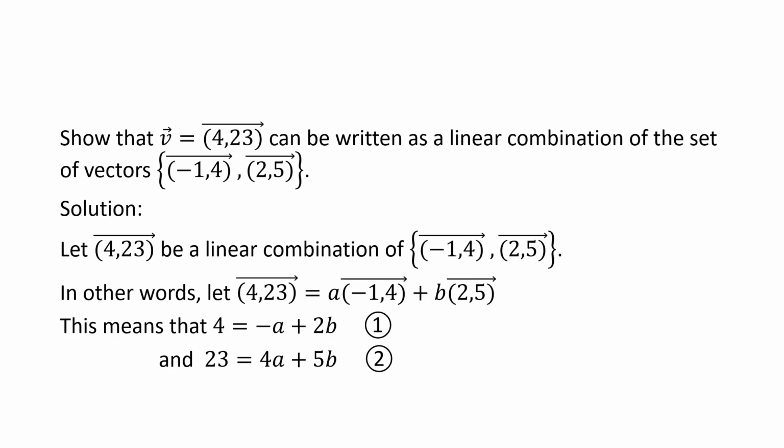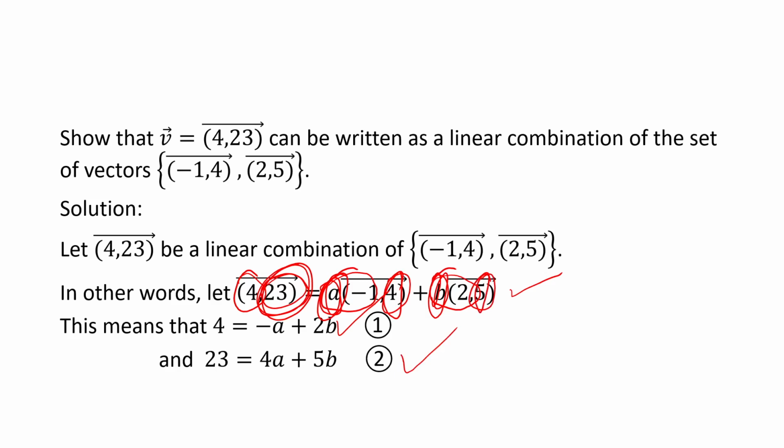In other words, we let (4, 23) equal a times (-1, 4) plus b times (2, 5). That would mean 4 is equal to -a plus 2b, and 23 is equal to 4a plus 5b.